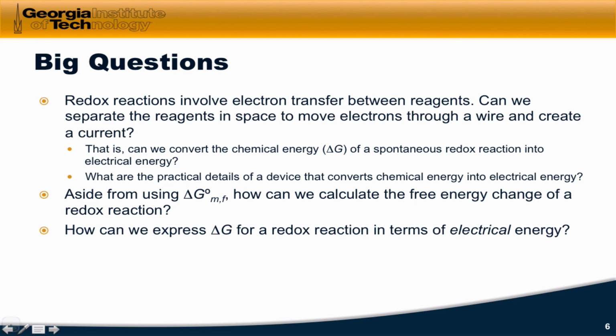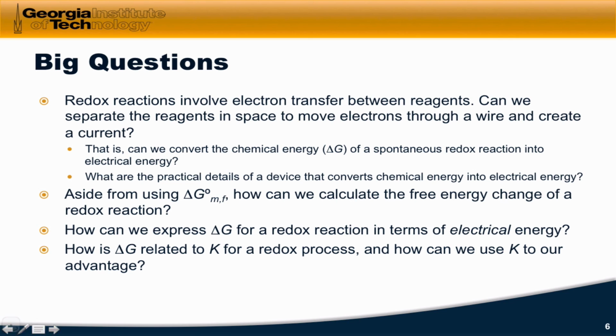This raises the question, how can we express delta G for a redox reaction in terms of electrical energy and in terms of a voltage? How does voltage work? And finally, how is delta G related to the equilibrium constant for a redox process, and how can we use this equilibrium constant to our advantage when designing these devices that convert chemical to electrical energy?